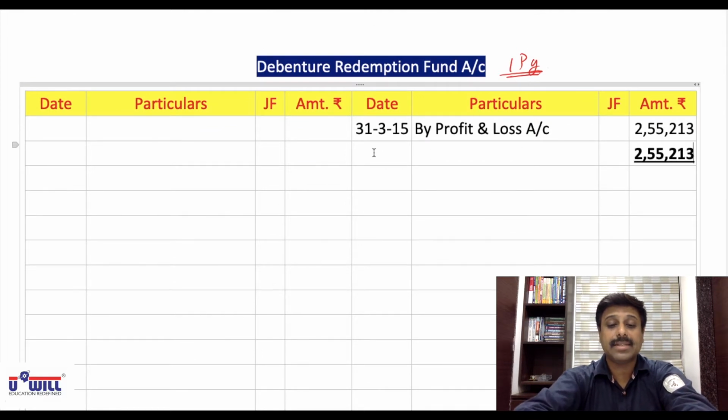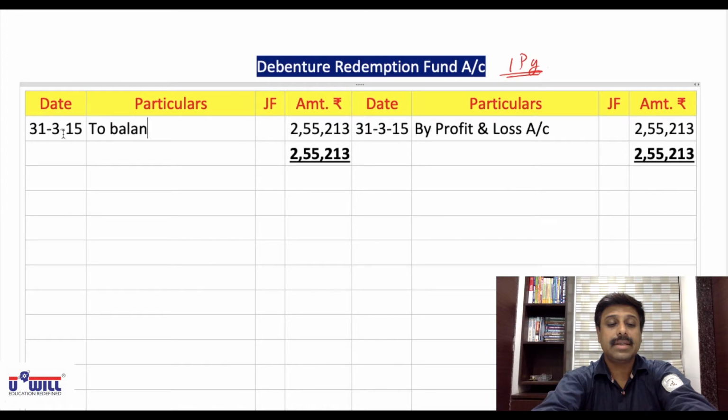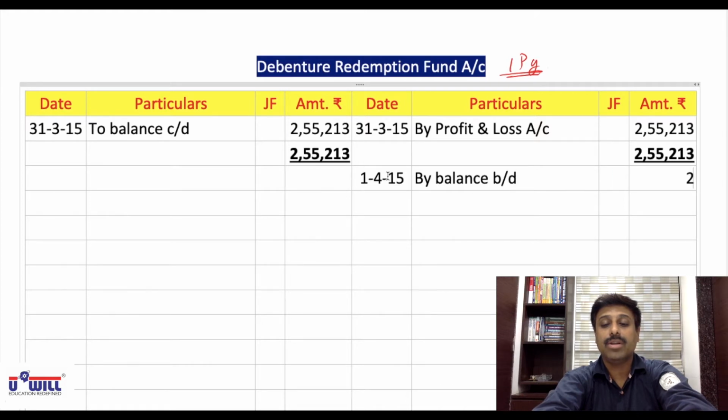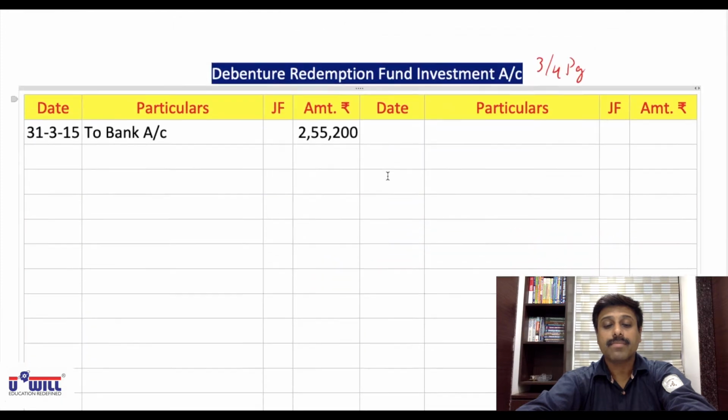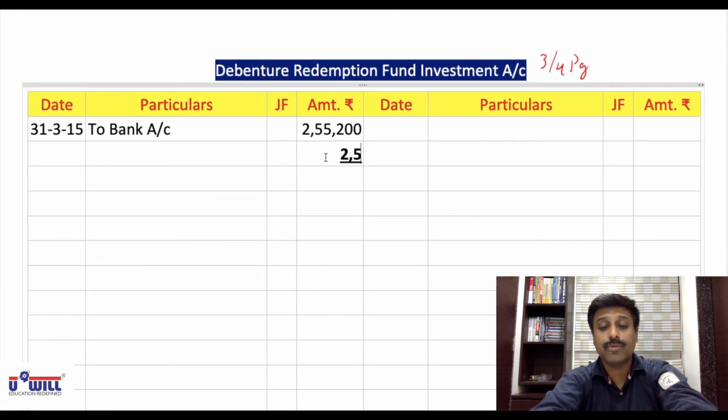255,213 both the sides. Balance also will be 255,213. 31/3/15 to balance carried down, and opposite side 1/4/15 by balance brought down 255,213. Investments balance will be now 255,200.